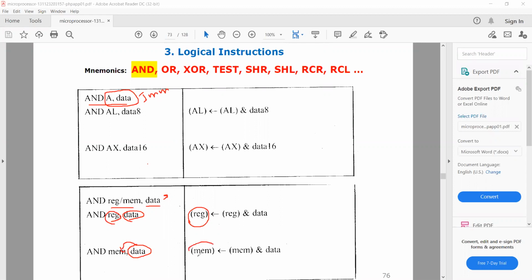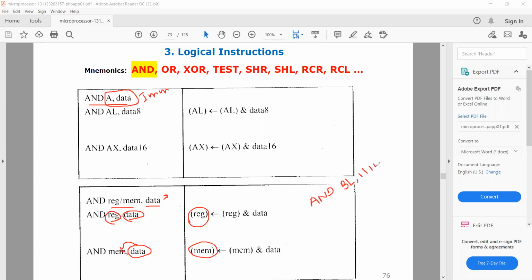If you want an example, I can give you one here. Let us take AND, and we can use any of the registers. We'll use BL, with 8-bit data, let us say 11H.